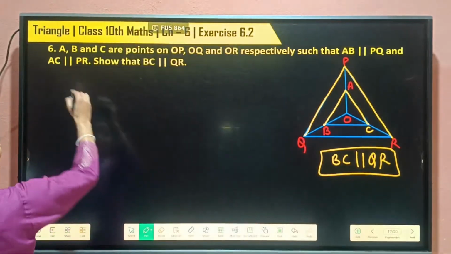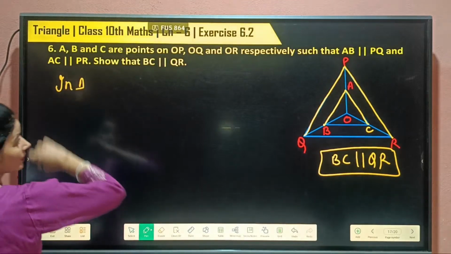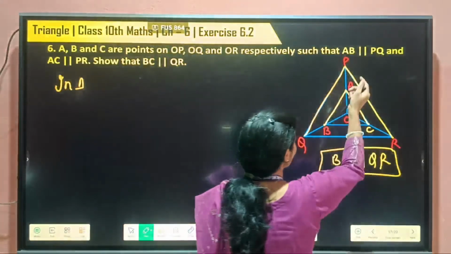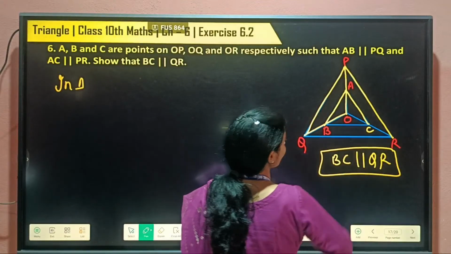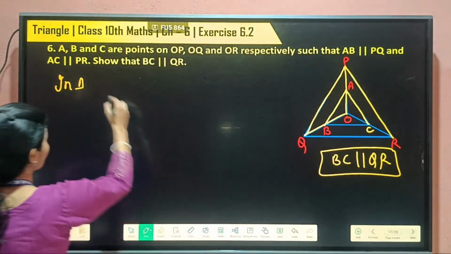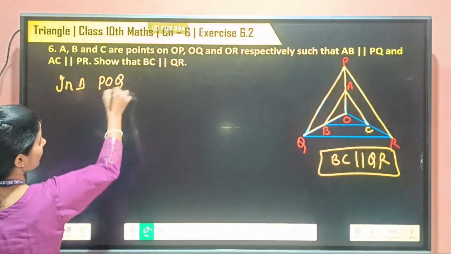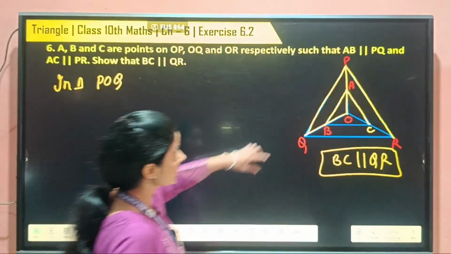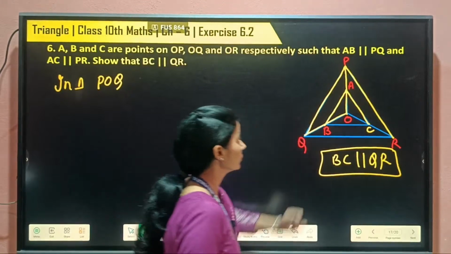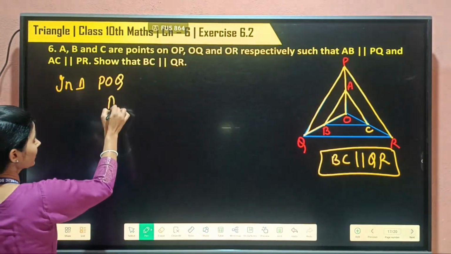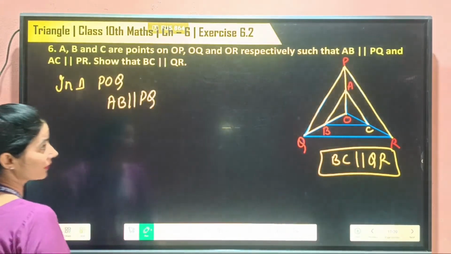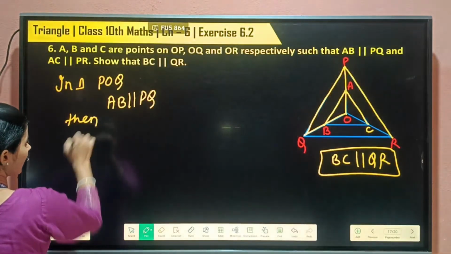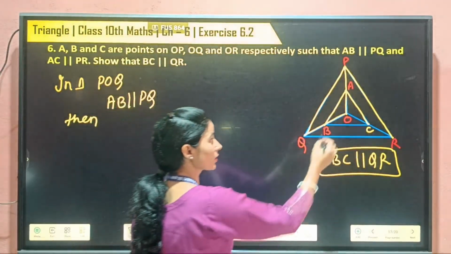Now see, in triangle POQ, I will work in this triangle. As AB is parallel to PQ, then corresponding sides ratio will be equal.